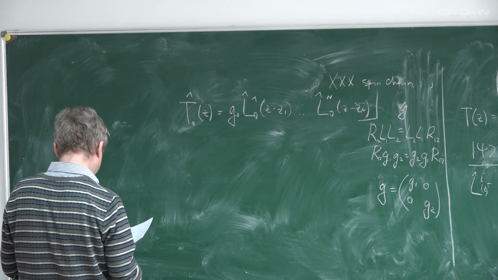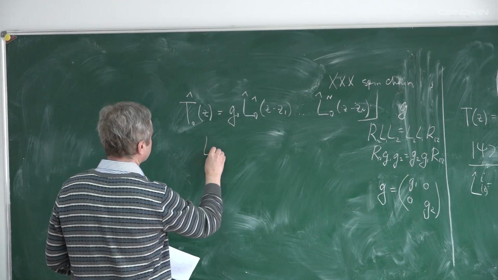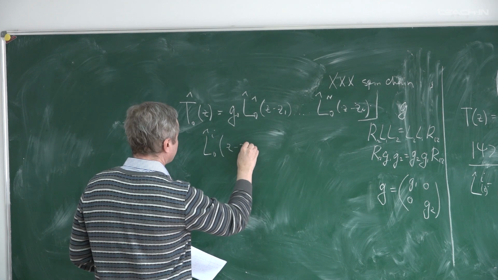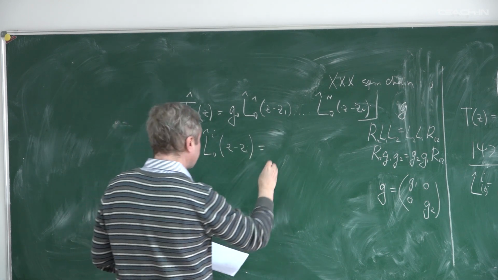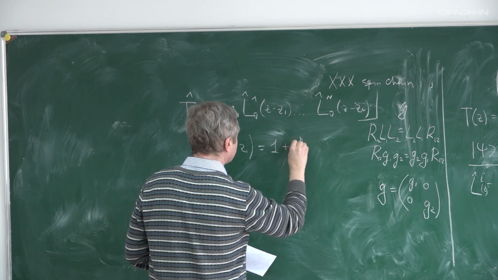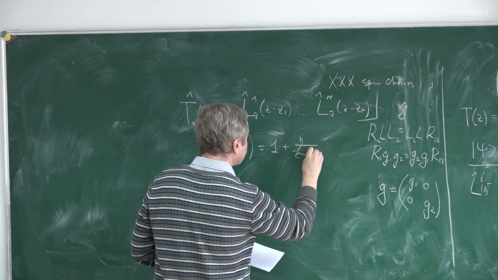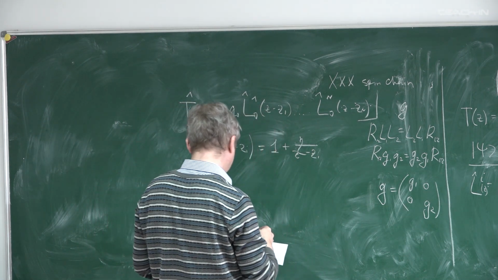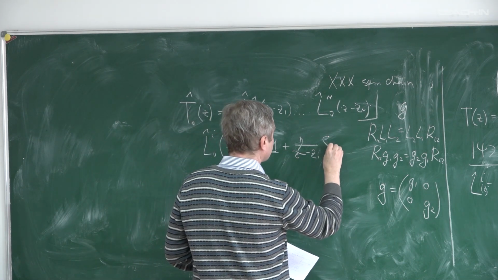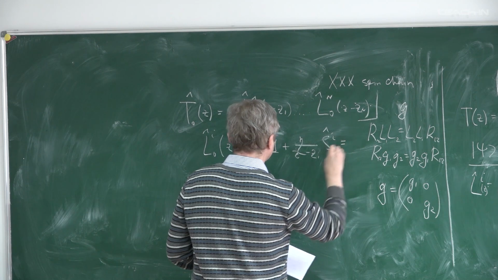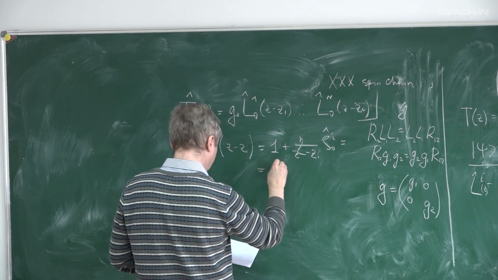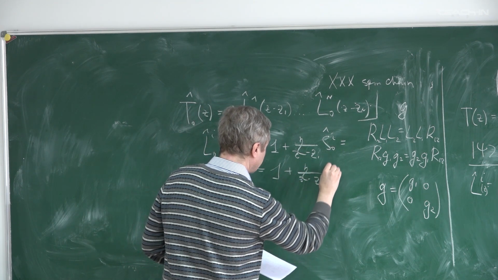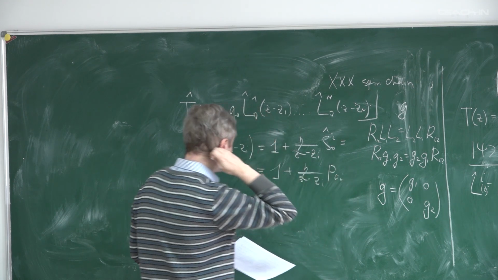Now we may consider the case when this L matrix is like this. I will write now eta instead of h, but it is just the same, in fact. And all this is equal to 1 plus eta, like this.